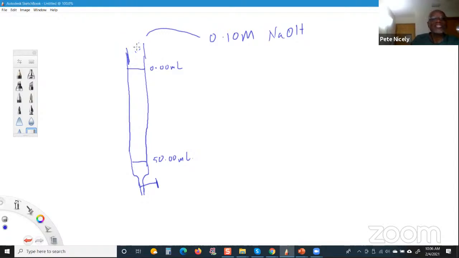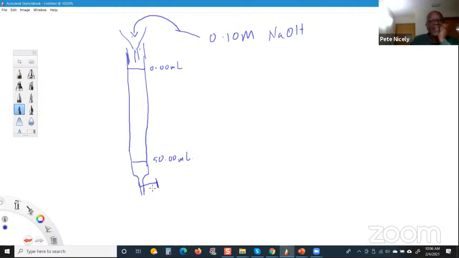In practice, what you should do for the sake of avoiding spillage is put a funnel at the top here. So you have your funnel here, which allows you to more easily pour your base solution into it without spilling it.